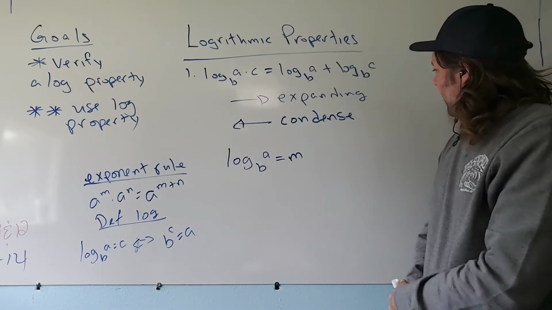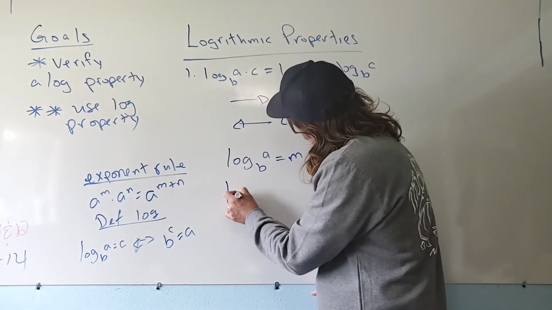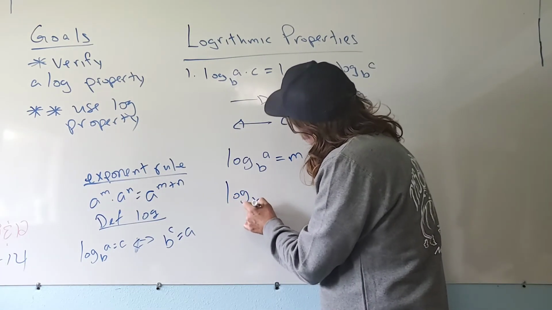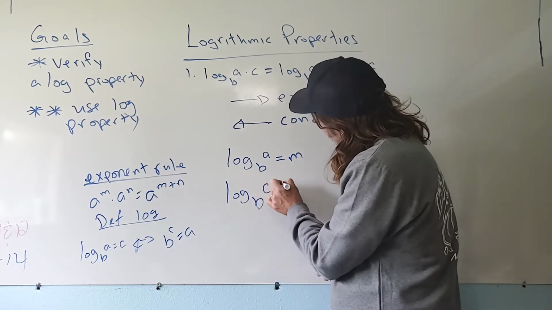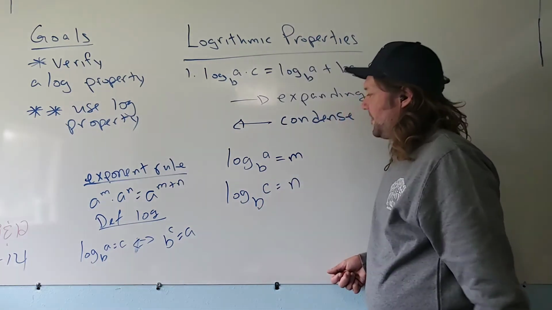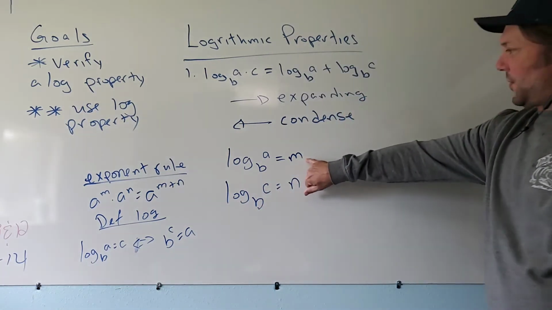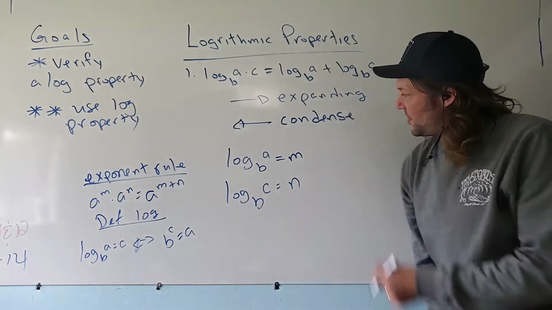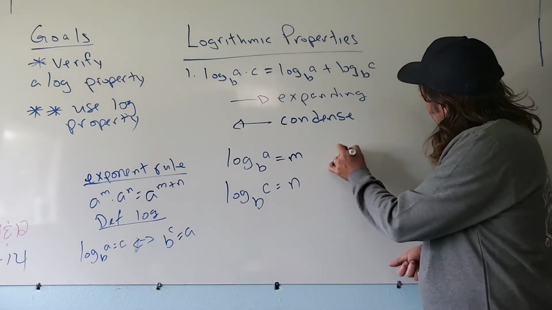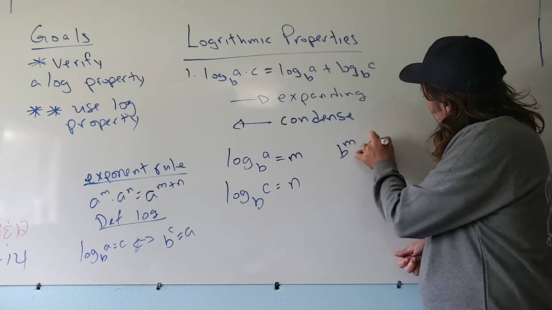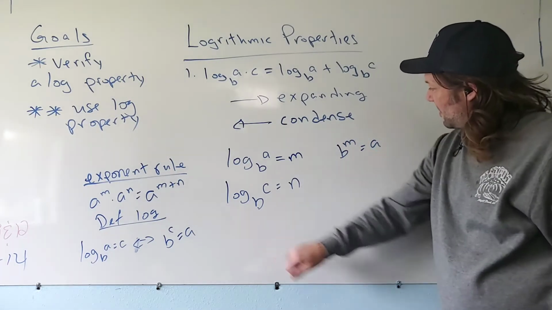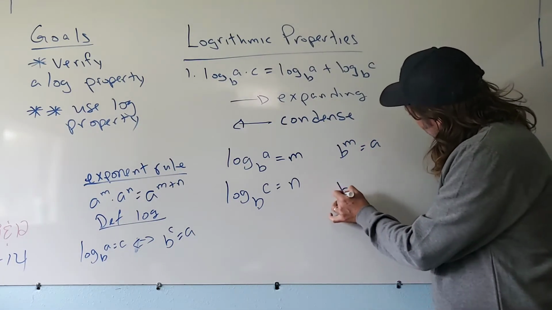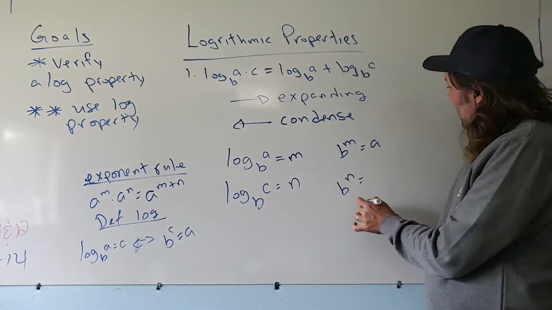And if I have log base b of c, I'm going to say that that's equal to an n. I'm going to rewrite this using my definition of a logarithm. So now I get b to the power m is equal to a, and I'm going to do that as well right here. b to the power n is equal to c.